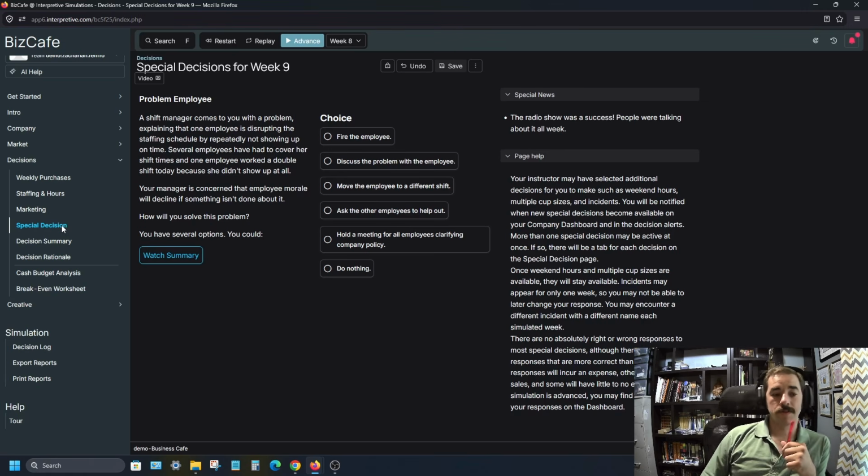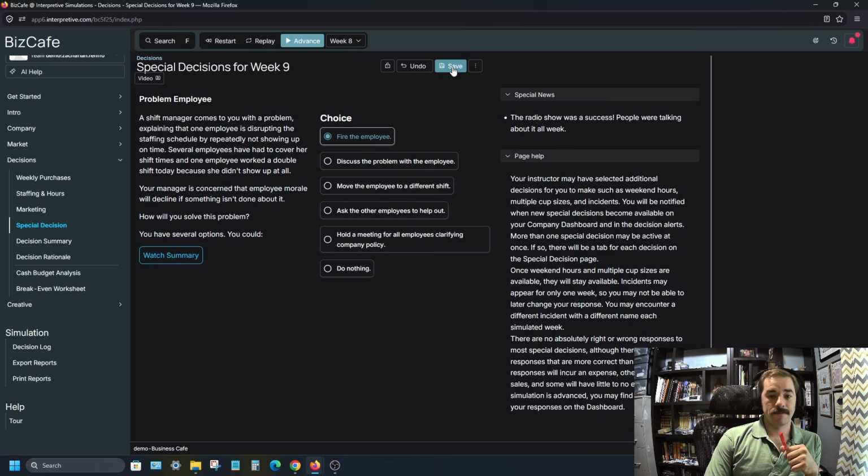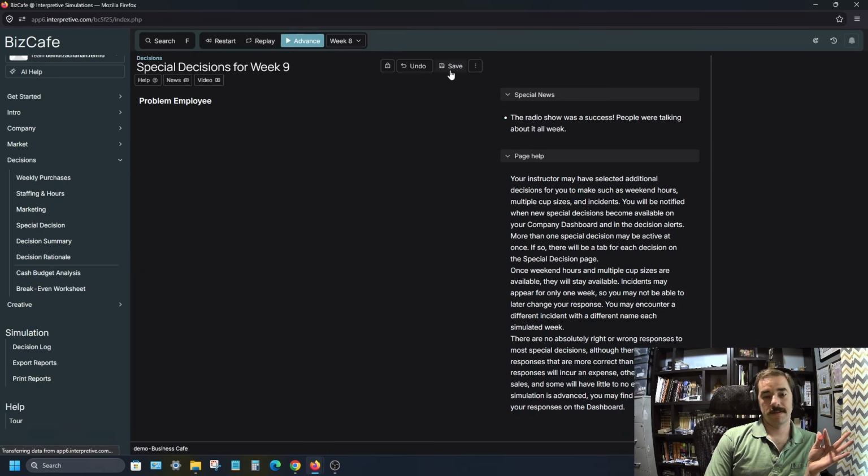Shift manager comes to you with a problem, explaining that an employee is disrupting the staffing schedule by repeatedly not showing up on time. Several employees have had to cover her shift, and one employee worked a double shift today. Your manager's concerned. We'll fire him. Well, you know what? Let's discuss it.